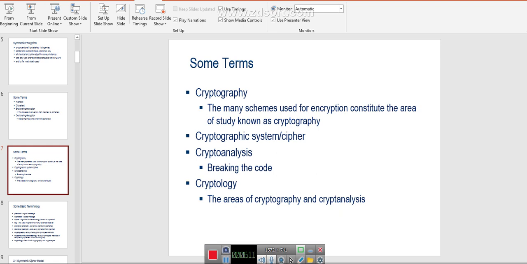We also have cryptanalysis. Cryptanalysis is the process of trying to break the code. Then we also have cryptology. Cryptology is an area of cryptography and cryptanalysis.